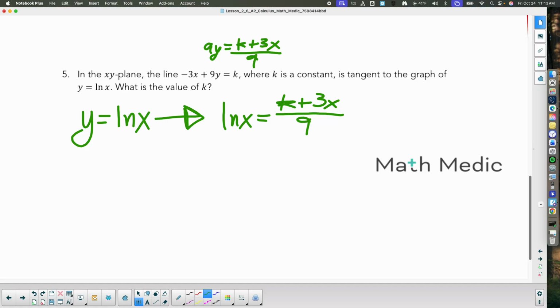Now, the next part deals with the slopes, because the slope of this line would be equal to the slope of this equation. So y prime is 1 over x. Can anybody tell me how I would figure out the slope of that line?